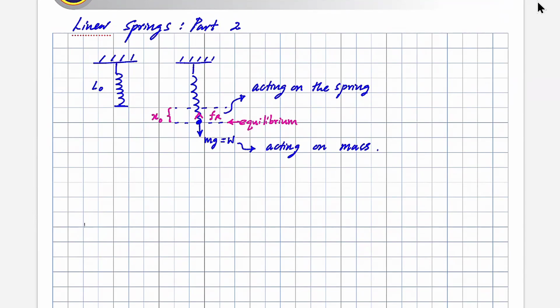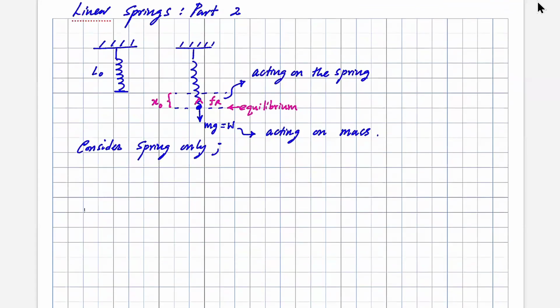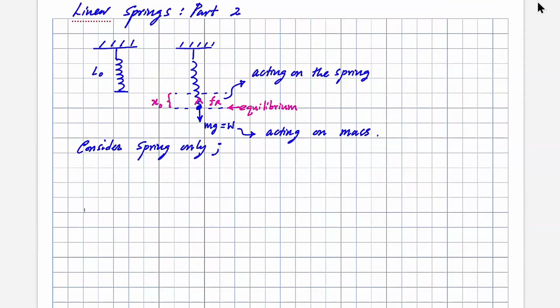Now, if you think about the spring, consider spring only. If you consider spring only, then what are the things you can observe on the spring?